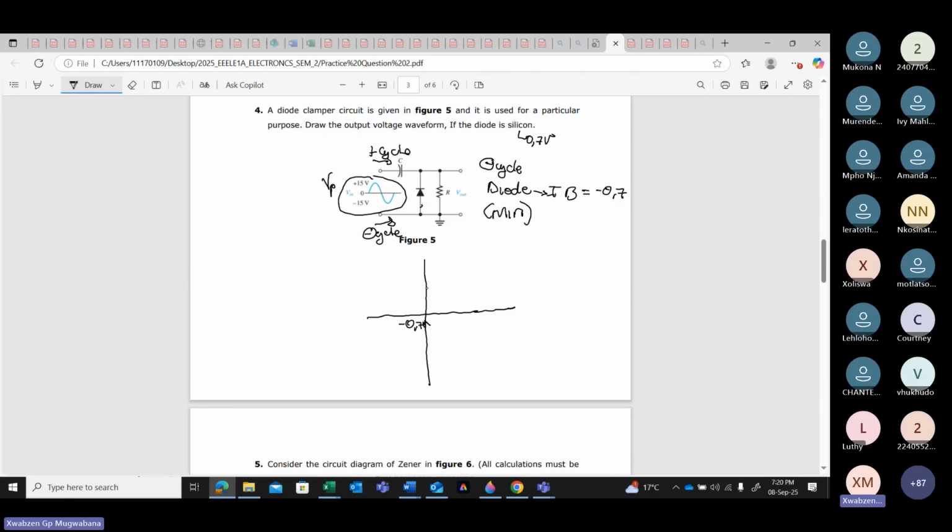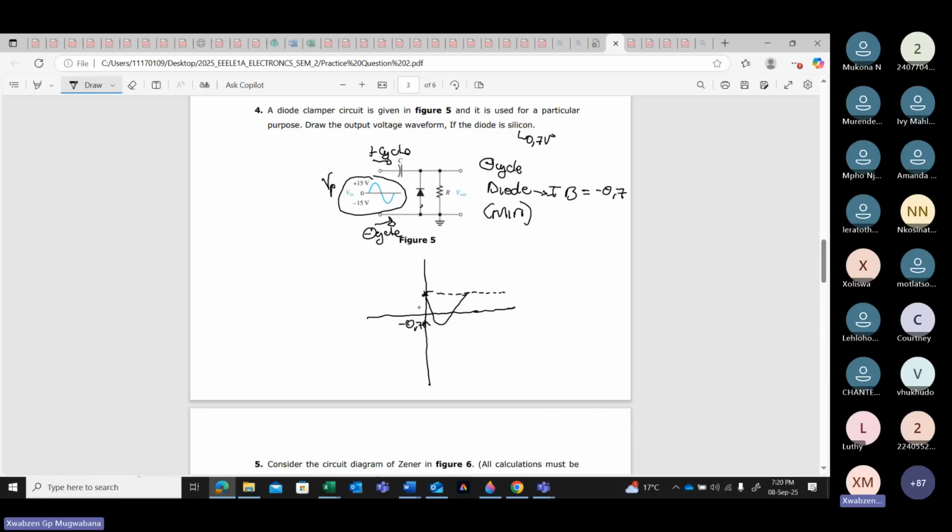This graph is going to start somewhere on the positive side, then goes down, then turns there and comes back up. You still remember? Yes, sir. Good.